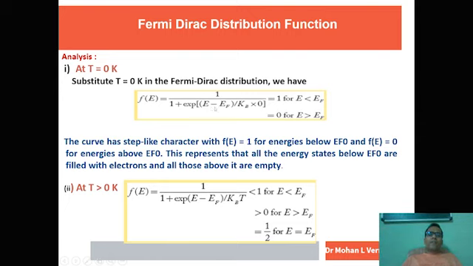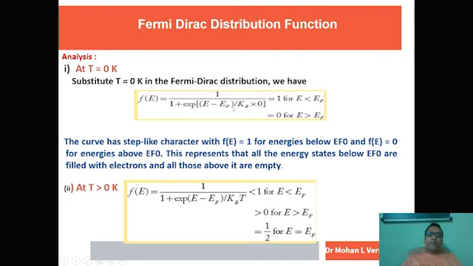If E is less than EF, the exponent is a minus term divided by 0, so it is exponential of minus infinity, which is 0, so 1 upon 1 is equal to 1. When E is greater than EF, the exponent is plus infinity, and exponential of plus infinity is infinite, so 1 upon infinity is equal to 0.